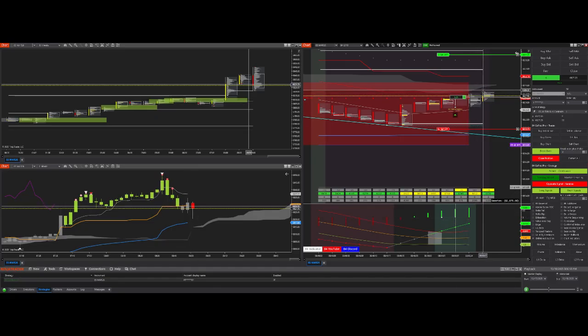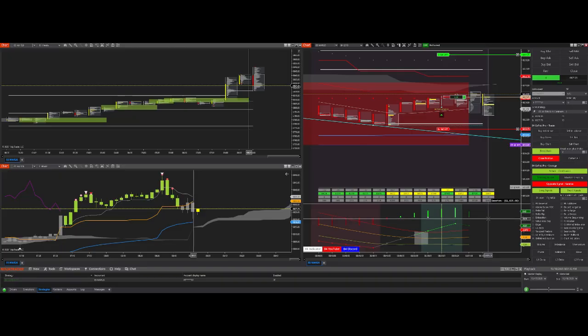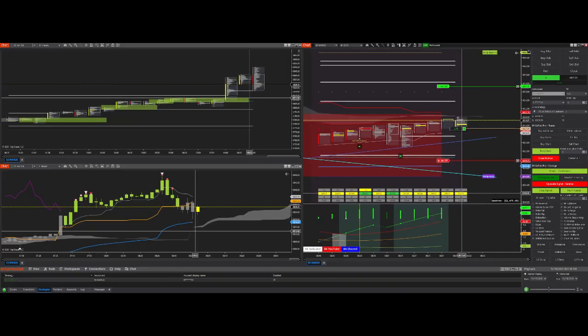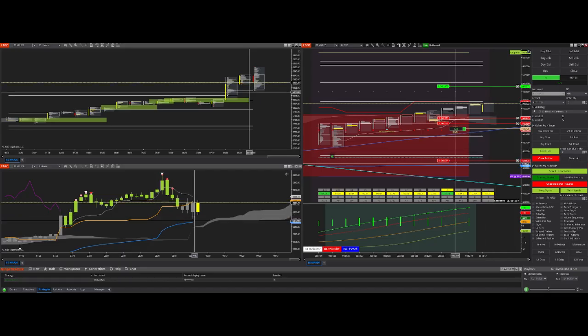Good. That's below the zero line. We could reject at the zero line, which it did. See if it's going to break through that or not. It did.